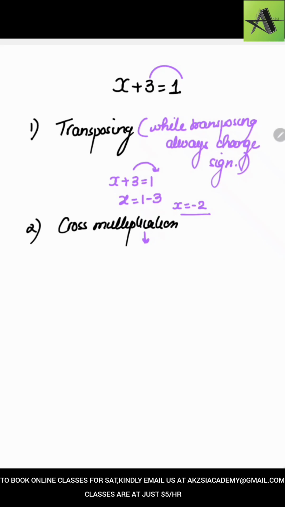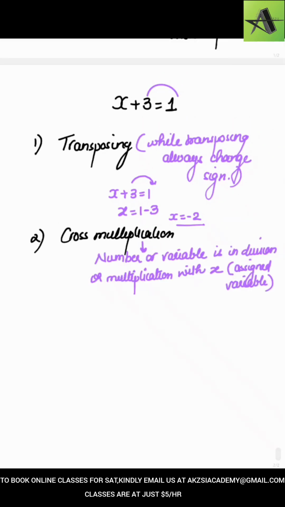So I can say a number, like take the example, suppose it's x over 3 equals 2. Obviously, the number is in division with x and we have to separate it out. We need to isolate x, so we have to do the reverse operator.